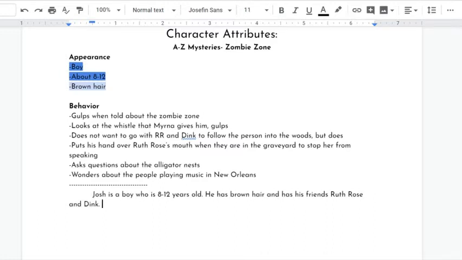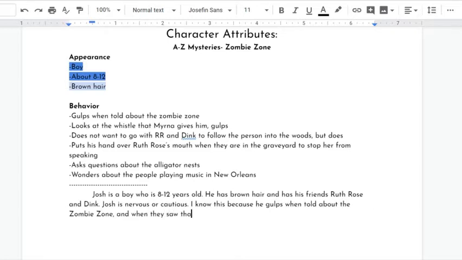So I'm going to actually think about these two things together, and maybe even this third one here. And when I think about that, it makes me think that he's nervous. Josh is nervous or cautious. I know this because he gulps when told about the zombie zone and when they saw the sign for it.